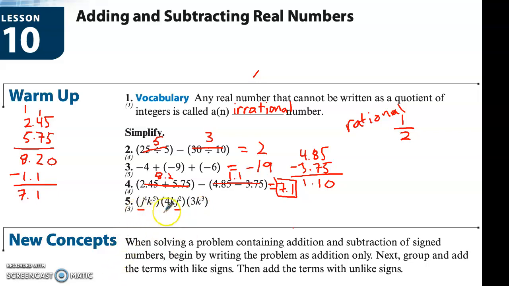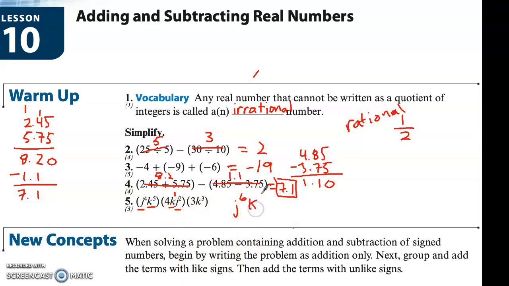So j to the 4th times j squared is j to the 6th, j to the 4 plus 2. And then I have k to the 5th, k to the 1st, and then k to the 3rd. So 5 plus 1 is 6, 6 plus 3 is 9, so then I have k to the 9th.